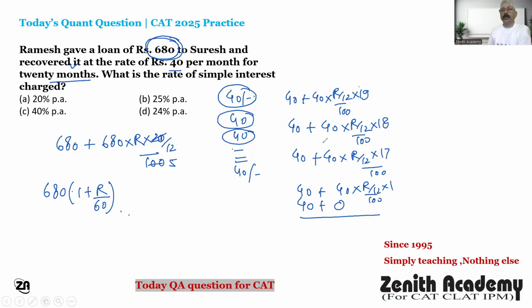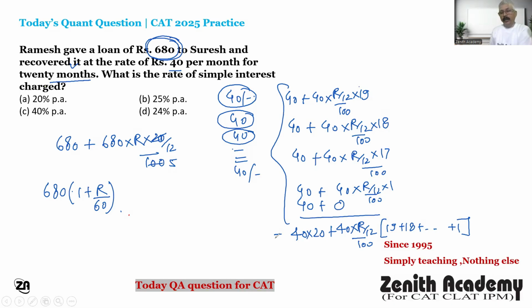So if I add, it is 40 into 20, and here 40 into R by 1200 taken common, then 19, 18, down to 1. The value of this should be equal to the sum due after 20 months. I think it is clear now. Now the 680 into 1 plus R by 60.